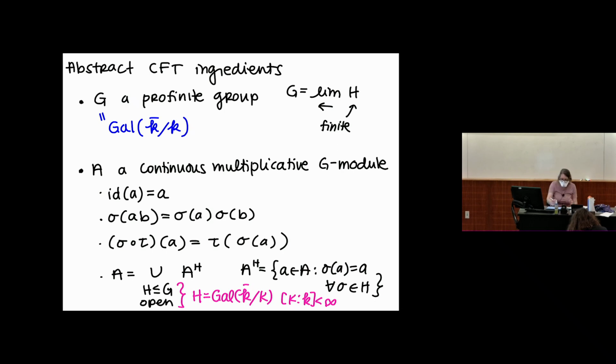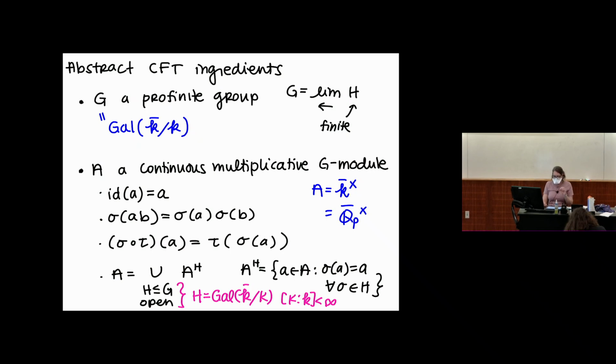And for us, in everything that we did for 3 days, A was just K-bar cross. We were even more specific than that. It was Q_p-bar cross, because we were talking about Q_p, the p-adic numbers.